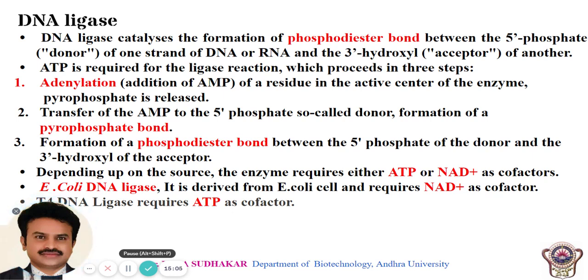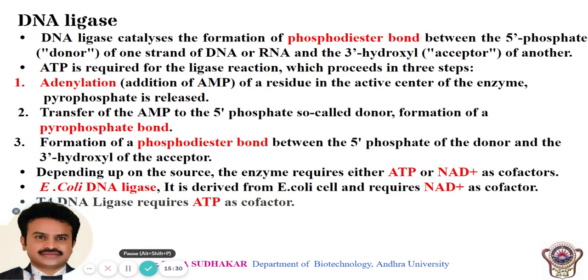Third, formation of a phosphodiester bond between the 5' phosphate of the donor and the 3' hydroxyl of the acceptor. Depending upon the source, the enzyme requires either ATP or NAD plus as cofactor. E. coli DNA ligase is derived from E.